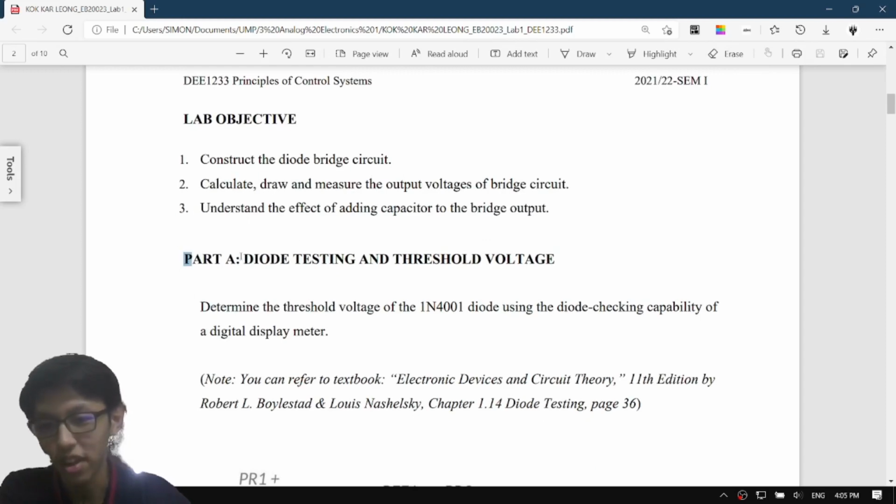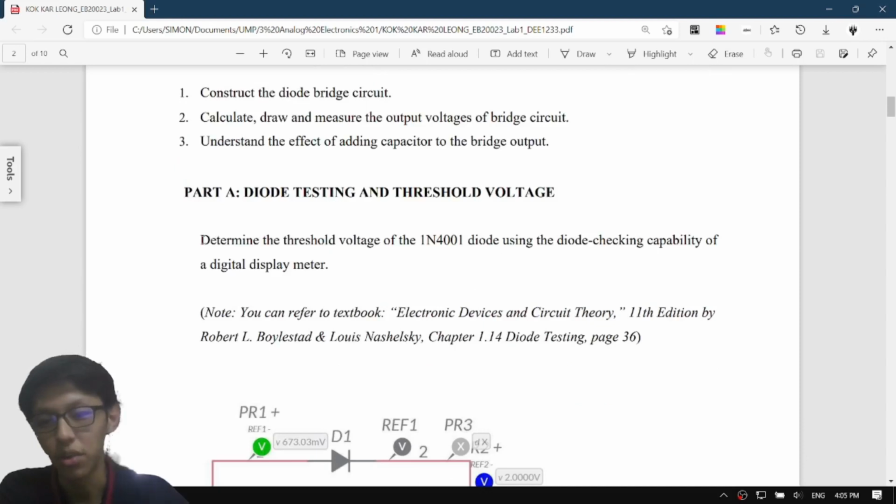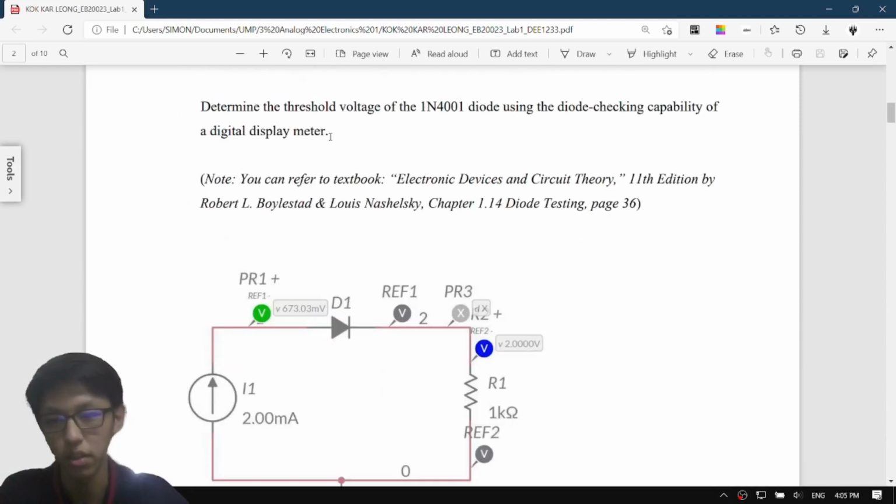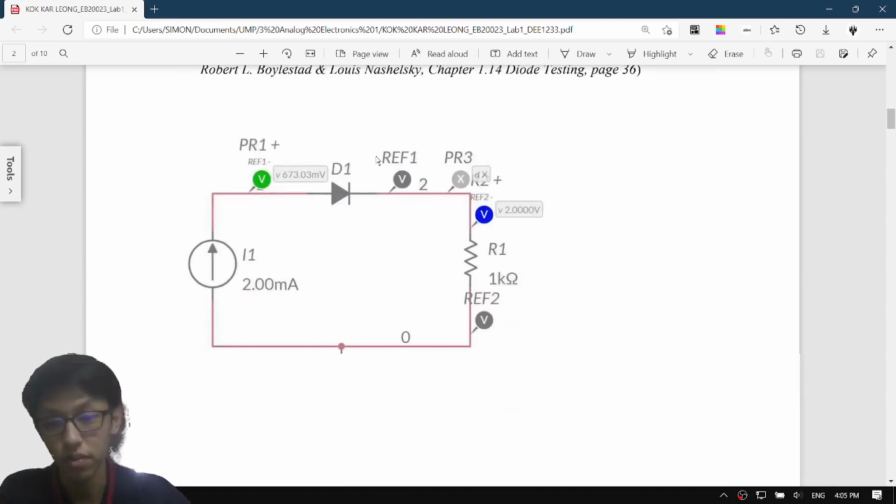So for part A, diode testing and threshold voltage, we need to determine the threshold voltage of the 1N4001 diode using the diode checking capability of a digital display meter. So refer to the Electronic Devices and Circuit Theory.